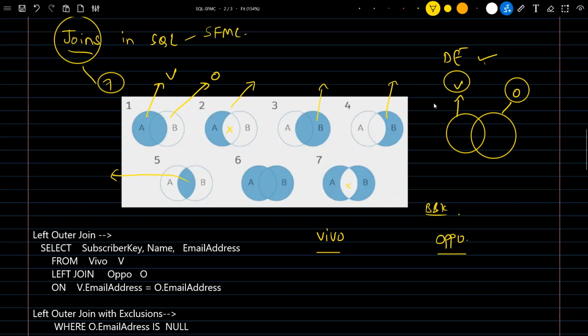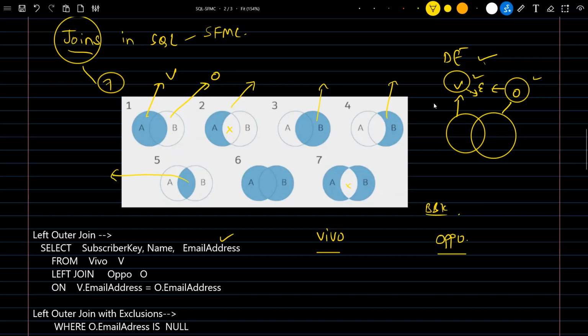So different information is present in both, but the common one between the both will be the email address, the common attribute given by the customer for the different companies, here Vivo and Oppo. Based upon the email address, we will be categorizing or joining them.